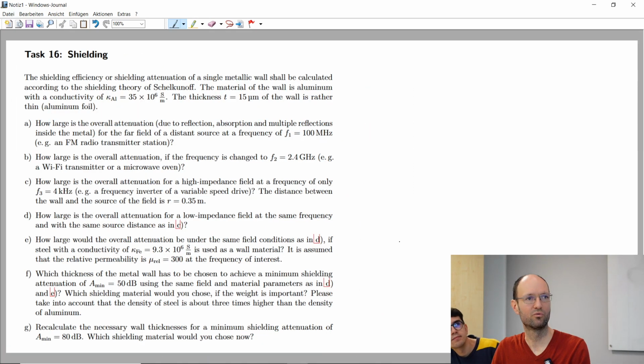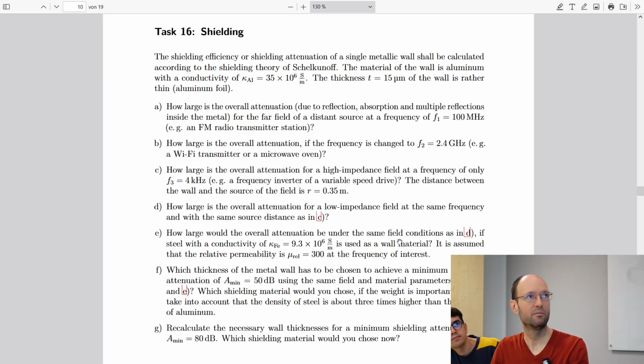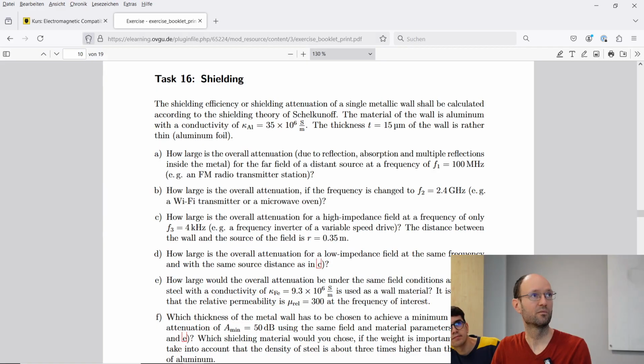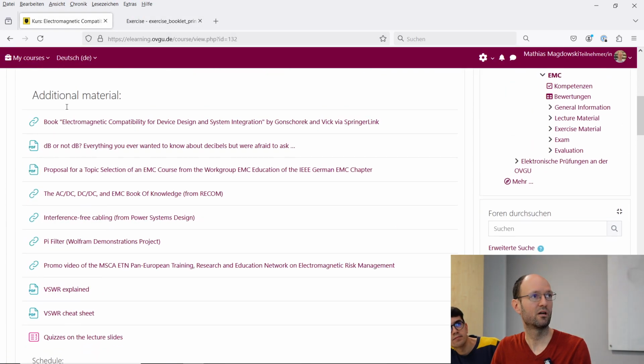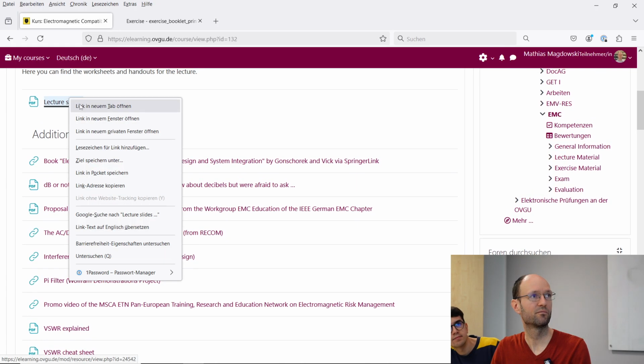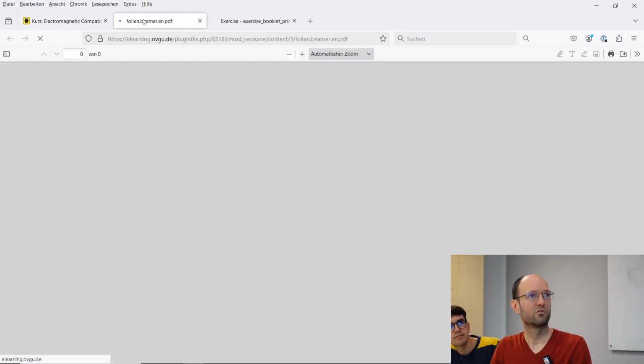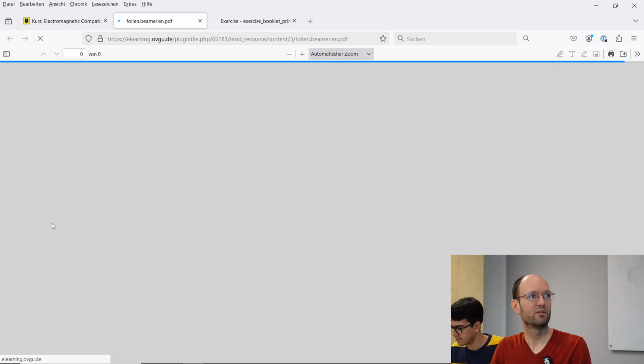Okay, so at first I will copy this here to my drawing program, and then go back to the browser, go back to our course here, and also open up the lecture slides. That should be available somewhere on the internet.